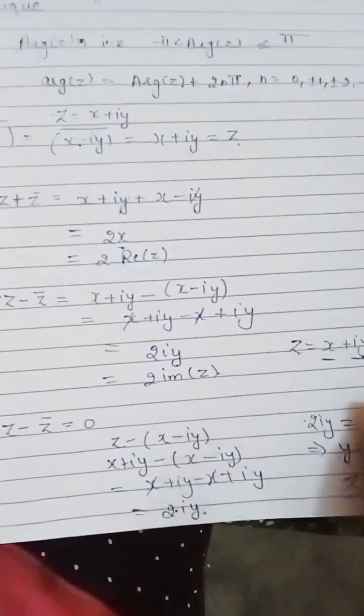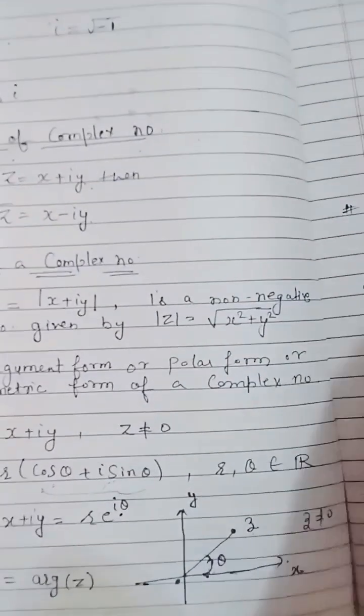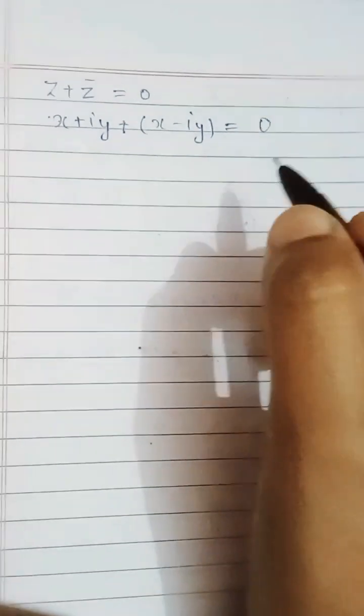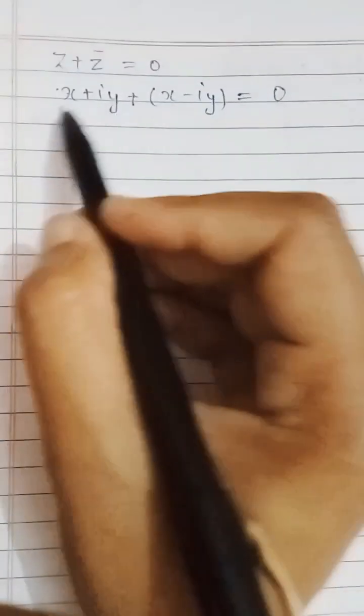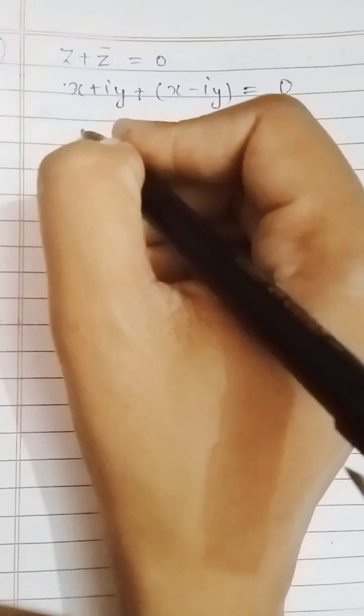Now what we have, if we take z plus z conjugate is equal to 0, then what condition comes? So here x plus iota y plus x minus iota y is equal to 0, then 2x is equal to 0.